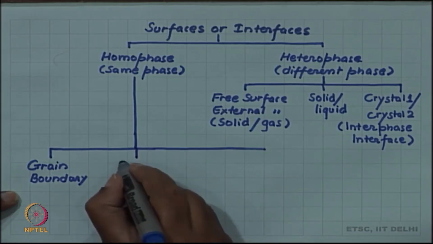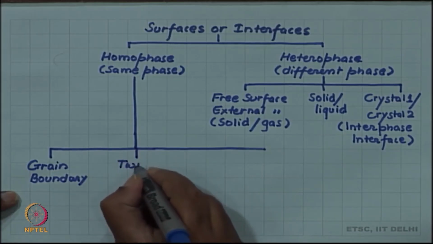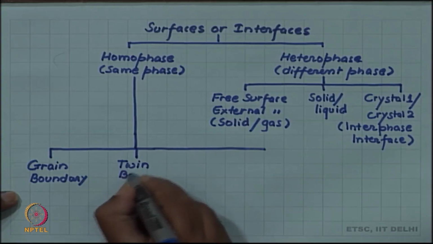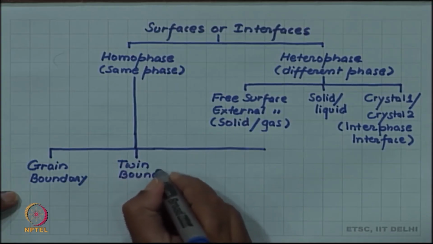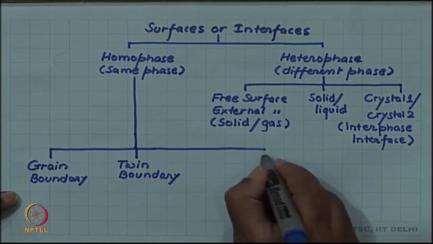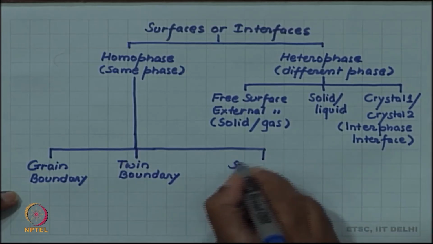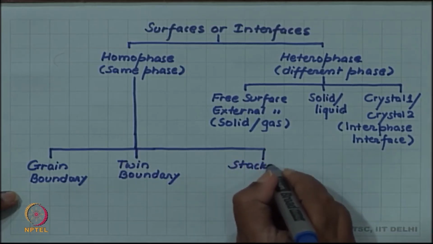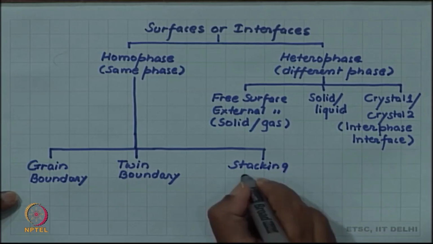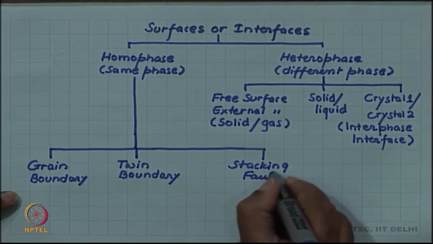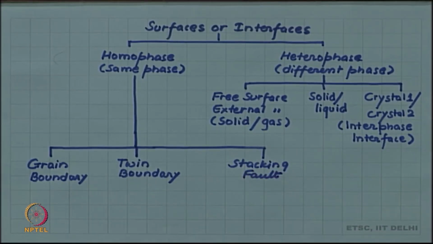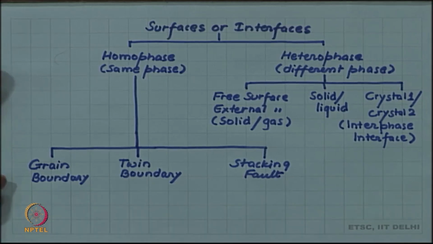Then you have the twin boundary, and you also have stacking faults. All these are special kinds of boundaries, and across these boundaries the phase or the crystal structure does not change.